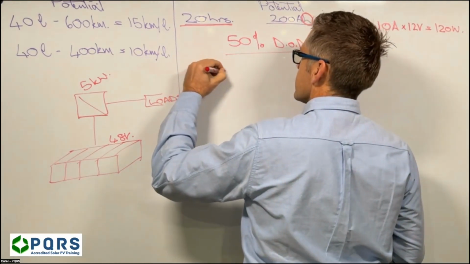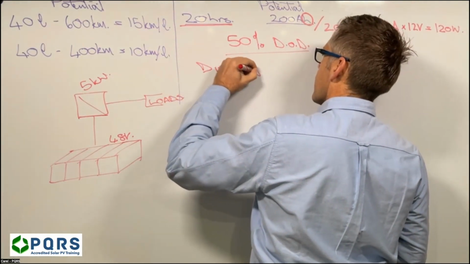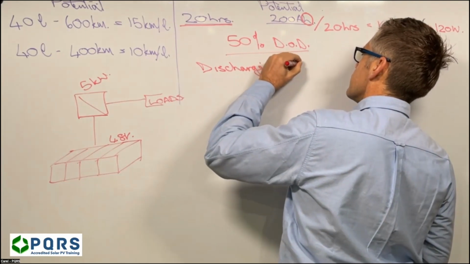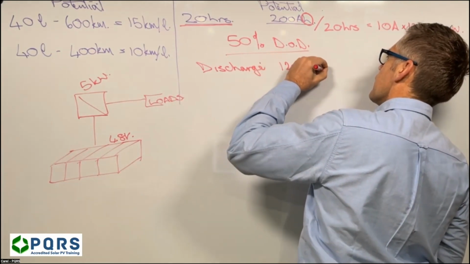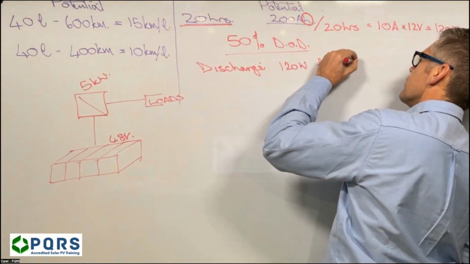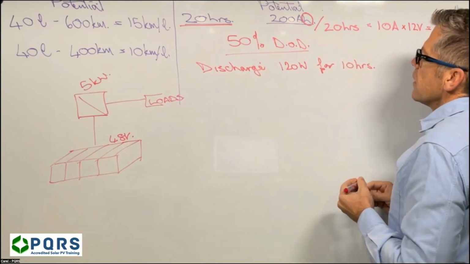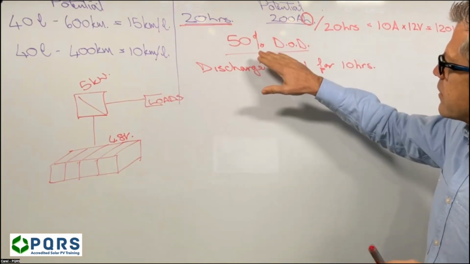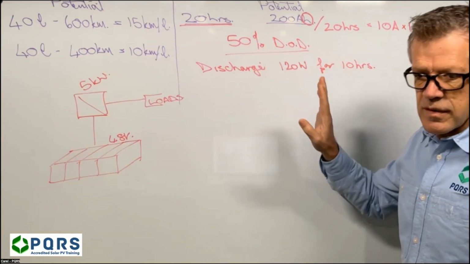So we'd be able to discharge at a rate of 120 watts for 10 hours. Guys, and then this battery will be at a 50% depth of discharge.